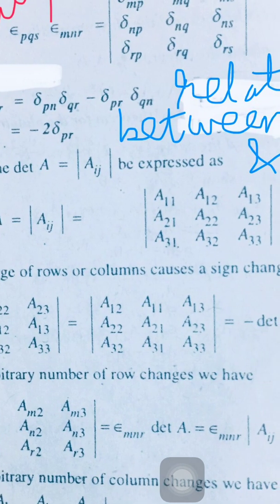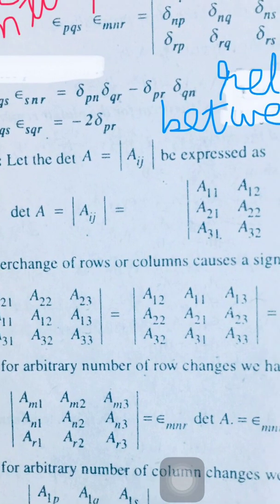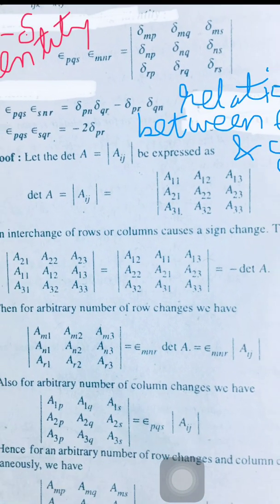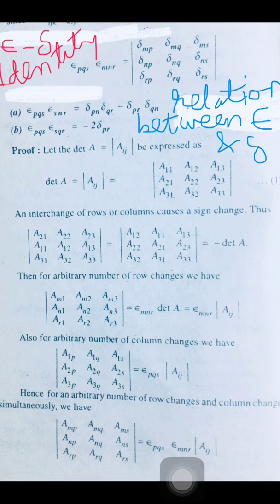So it may be represented like this: A11, A12, A13, A21, A22, A23, A31, A32, A33. That is determinant A mathematically represented. And by using the property of determinants, if we interchange rows or columns, then we observe that if we change one row, we get a negative sign with determinant A. Similarly, if we change one column, we get a negative sign.